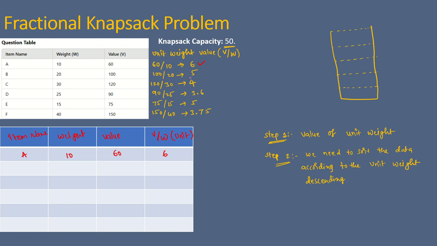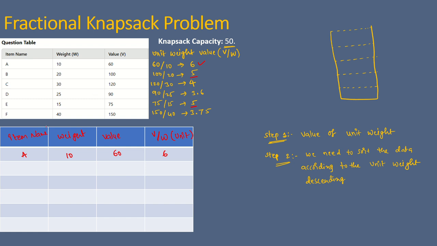What is the next best? 5. Here 5 is available, here 5 is available. So even if you take B, there is no problem. You can take E also. So you can take any item. There is no constraint that you should write B followed by E or E followed by B. So when the unit values are the same, you can take any order. It doesn't matter.